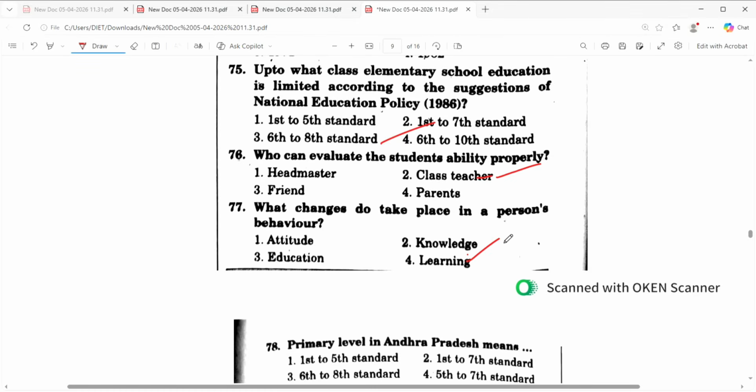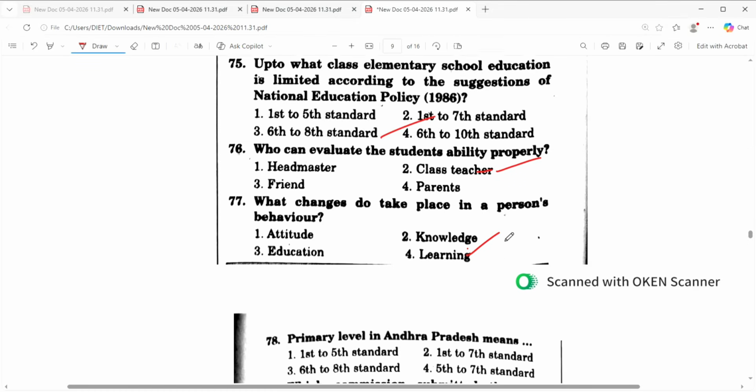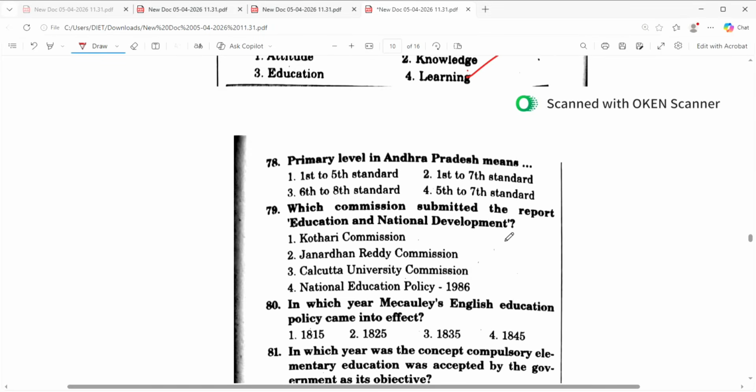Primary level in Andhra Pradesh means which classes? First to fifth standard. Which commission submitted the report Education and National Development? You see, Kothari, Janardhan Reddy Commission, Calcutta University Commission, National Education Policy. Please guess that. I will give a few seconds.